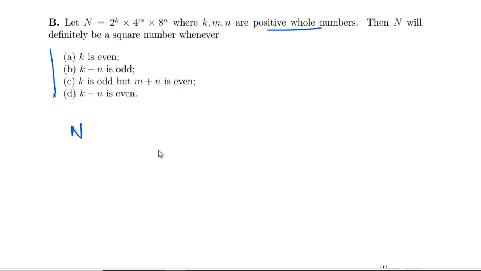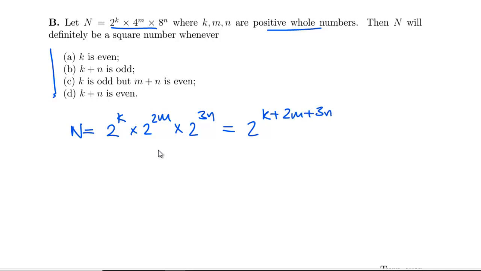I mean, they're pointing us towards making this one number by having all of these powers of 2 there. So that'd be 2 to the k times 2 to the 2m times 2 to the 3n. So 2 to the k plus 2m plus 3n. And we want this to definitely be a square.